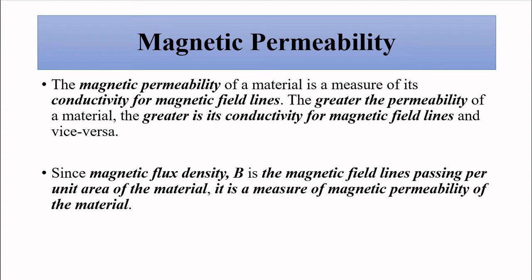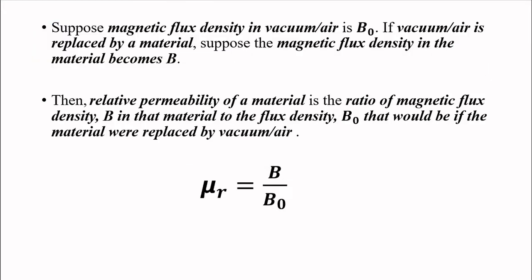Now we know that the number of magnetic field lines passing per unit area is given as magnetic flux density. So we can say permeability gives us information about the magnetic flux density. Greater the permeability, greater the magnetic flux density. It is a measure of the magnetic permeability of the material also. So how can we define magnetic permeability? There are two ways in which we can express it.